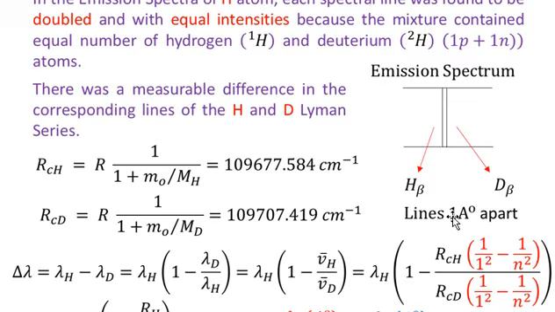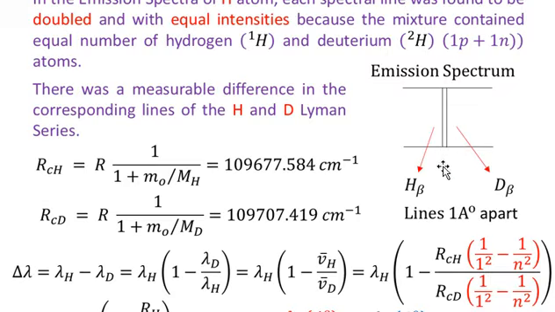The separation between these two lines is 1 angstrom. So if you take the emission spectrum of the specimen which contains hydrogen and deuterium atoms in almost equal number, you will observe two lines in the emission spectrum.